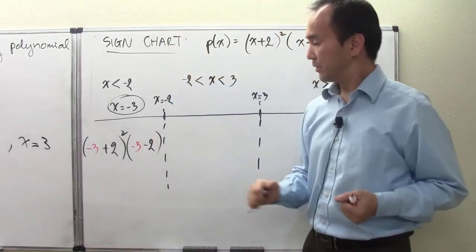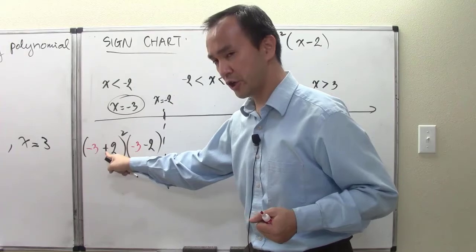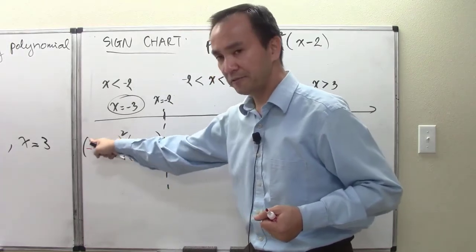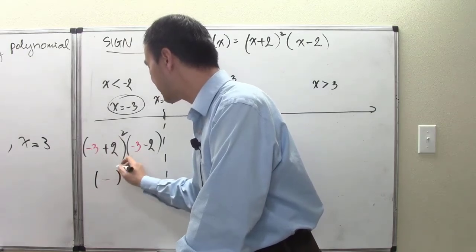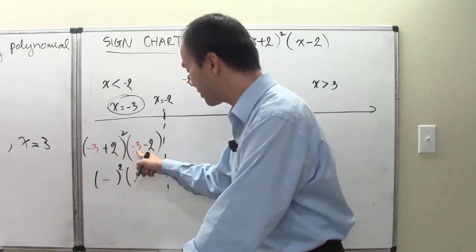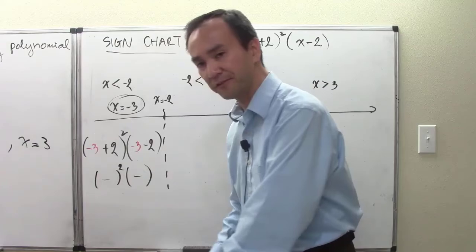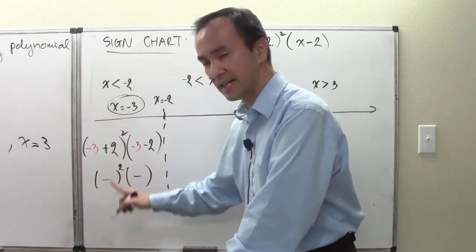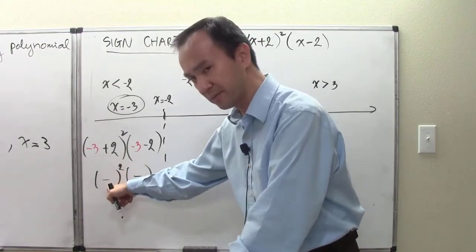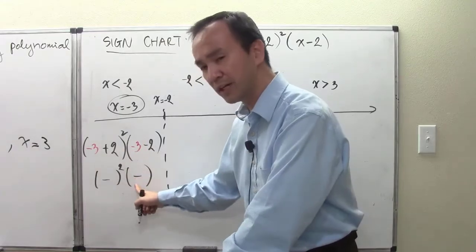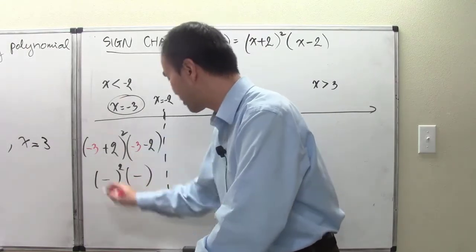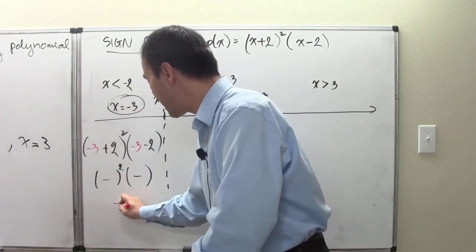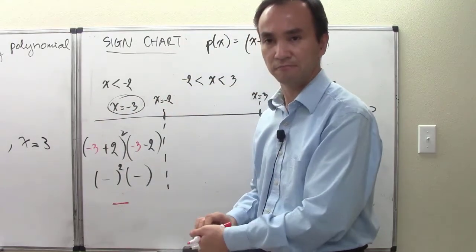Negative 3 plus 2 is a negative factor but squared. So in the next step, I'm looking at a negative factor but squared, and then negative 3 minus 2 is entirely a negative factor. Now all of that together: we're going to square this negative, making it positive, but then we're going to multiply by another negative. That gives me an overall sign, so it has to be negative in this entire interval right there.